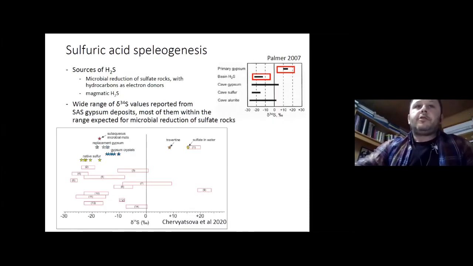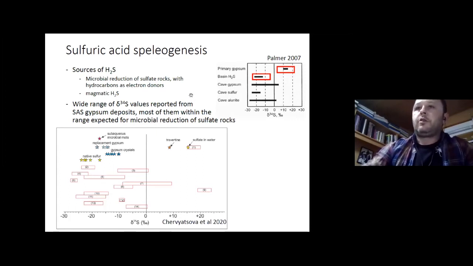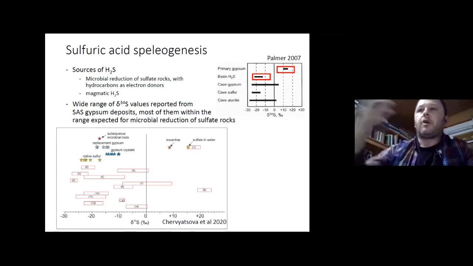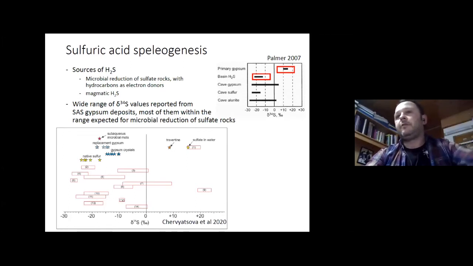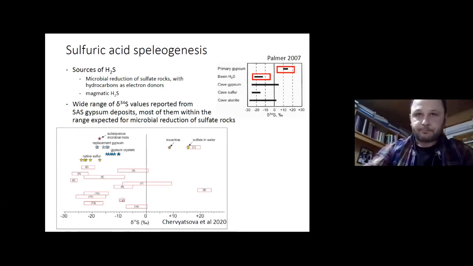In terms of sources of hydrogen sulfide in this system, it has been found that most commonly it will be microbial reduction of sulfate rocks. So sulfate rocks, evaporitic rocks, will have an isotopic composition which is largely positive, for example plus 10, 15, 20, 25, and more, in this kind of evaporative formation.